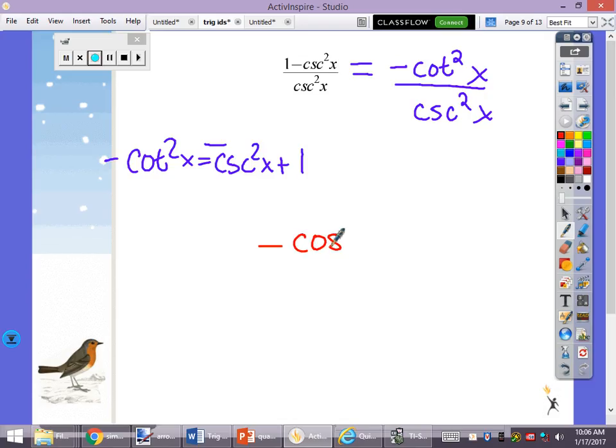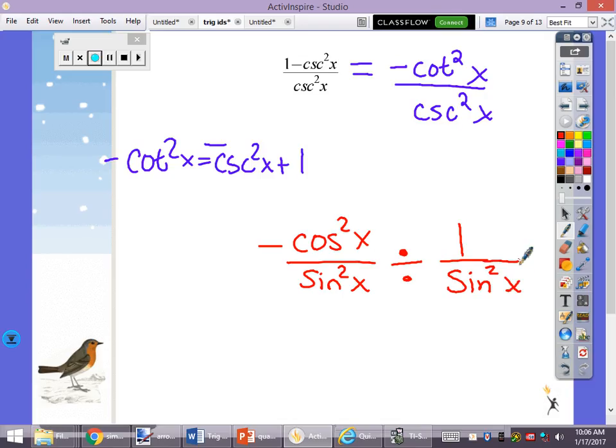Negative cosine squared x over sine squared x divided by, what is this using sine or cosine? It's the reciprocal of sine. So 1 over sine squared x. Everyone with me now?